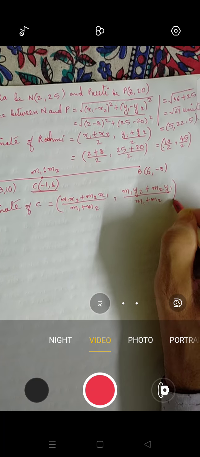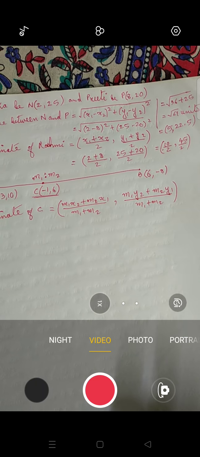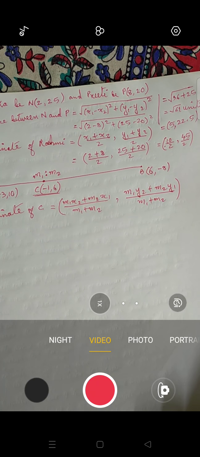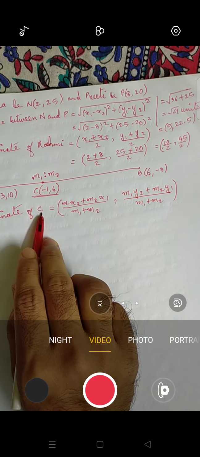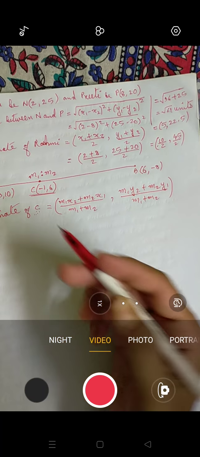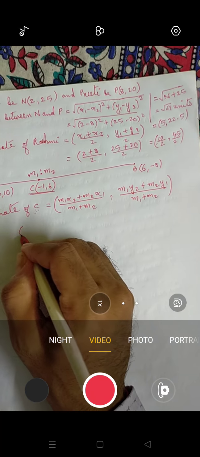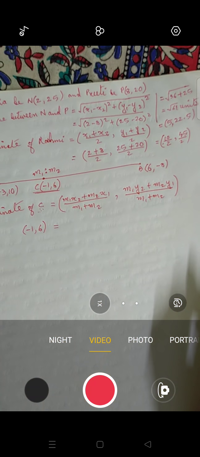Don't forget to give brackets. So this is the coordinate of C. Fine? You have just written the formula, basic concept. Now you know that the coordinate of C is this, minus 1, 6. It has been given already. So I'll take minus 1 comma 6 equals to, any problem?